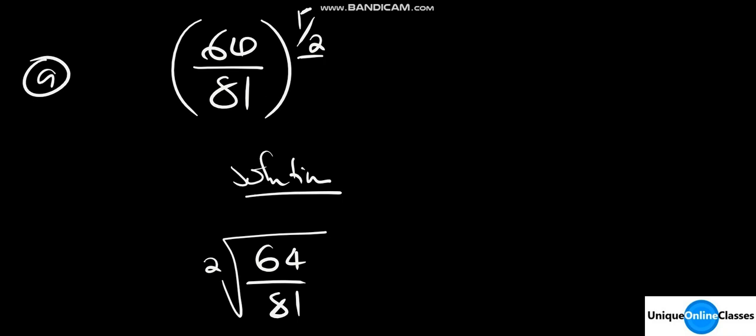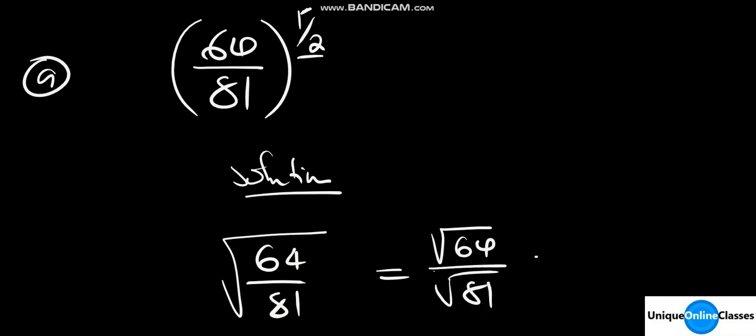It's a square, square means root of two. This is the same as the square root of 64 over the square root of 81. The square root of 64 is 8, and the square root of 81 is 9.